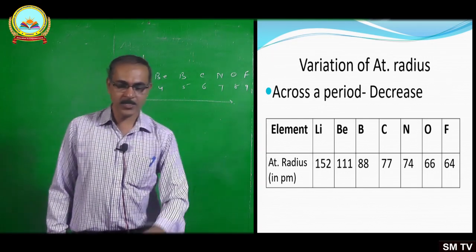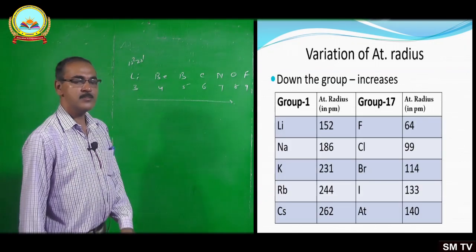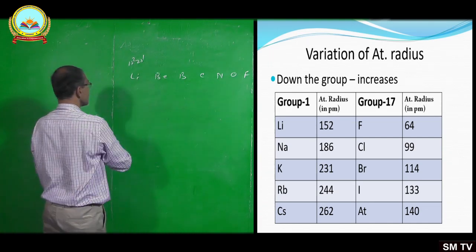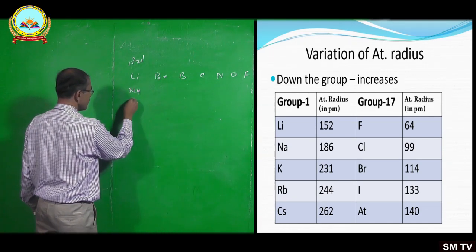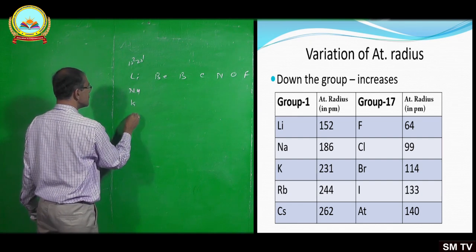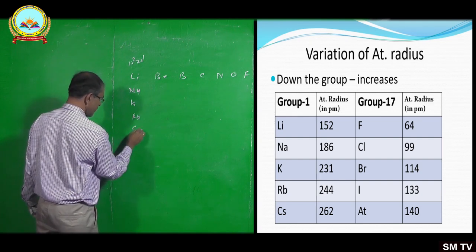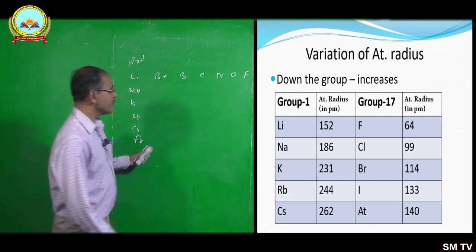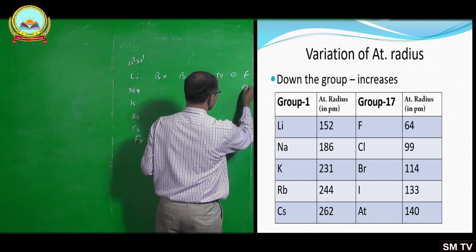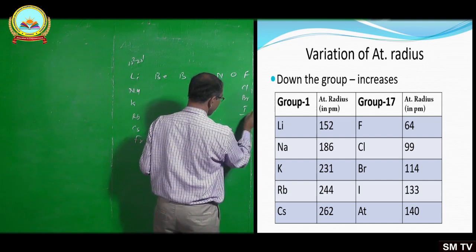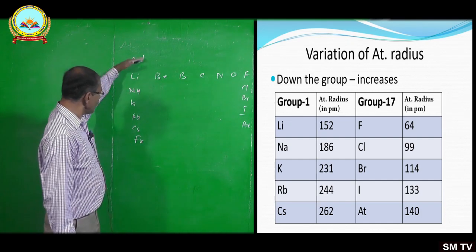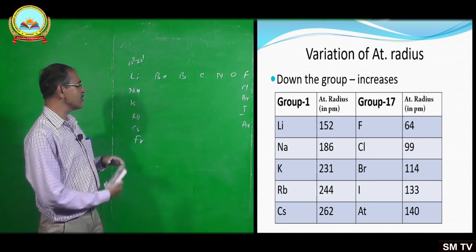If you go down, just see these values. You have sodium, potassium, rubidium, cesium and francium. Then on this side you have fluorine, chlorine, bromine, iodine, astatine. On moving down the group, you have seen the configuration.